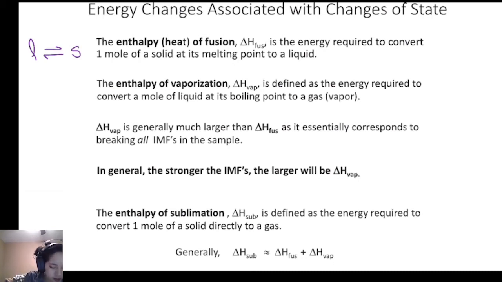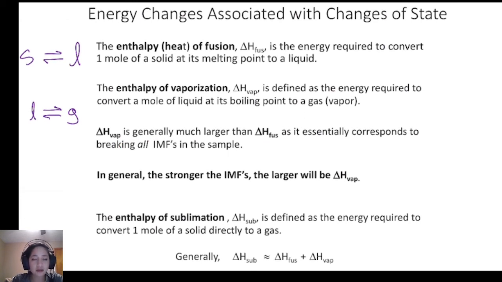All right. Next is enthalpy of vaporization. We've been talking about this. This is liquid going to a gas or gas going to a liquid. Enthalpy of vaporization is defined as the energy required to convert a mole of liquid at its boiling point to a gas or vapor. Delta H vap is usually a lot larger than delta H of fusion because in vaporization you have to separate your molecules much further to produce a gas than in turning a solid sample to a liquid sample.